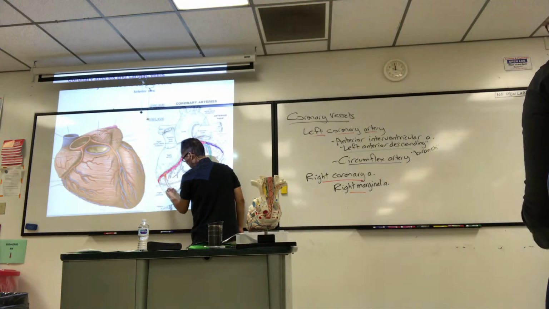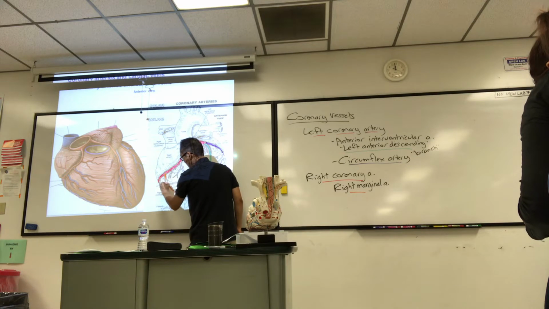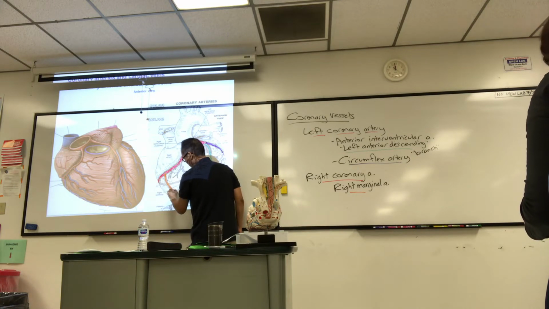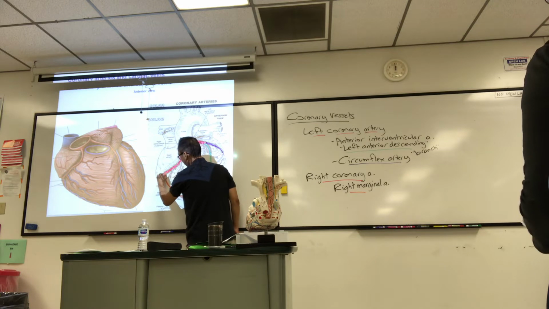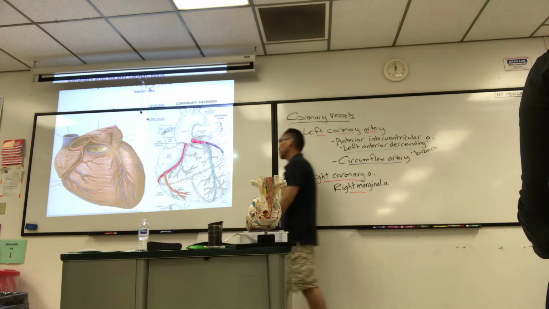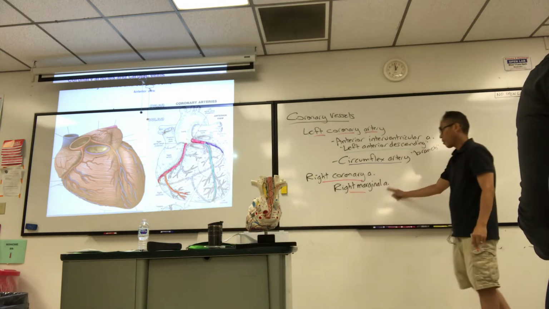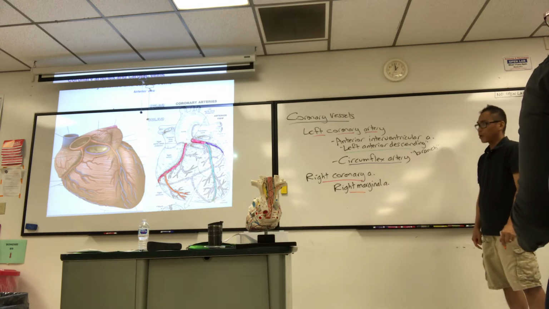So I'll just color it in orange there. This is the right marginal branch, the right marginal artery.